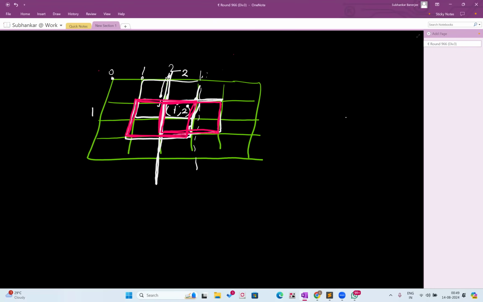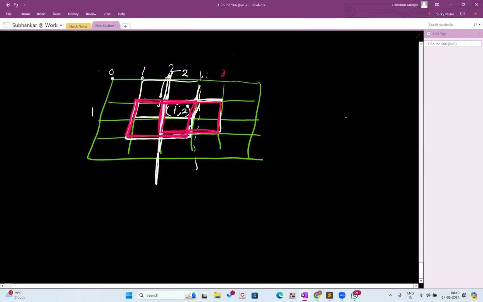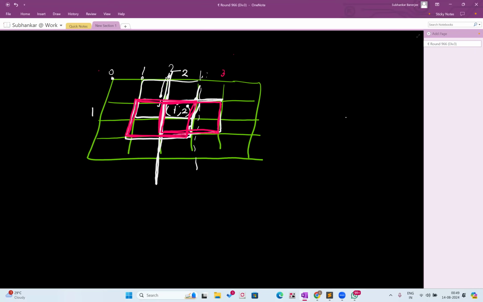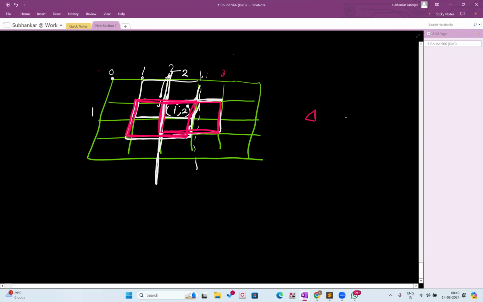Similarly, we can move in the vertical direction as well. I am representing the horizontal direction by delta x, and the vertical direction by delta y. If I get these values, then delta x into delta y number of squares will contain this cell, right?